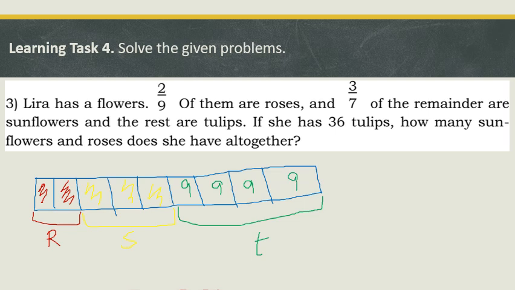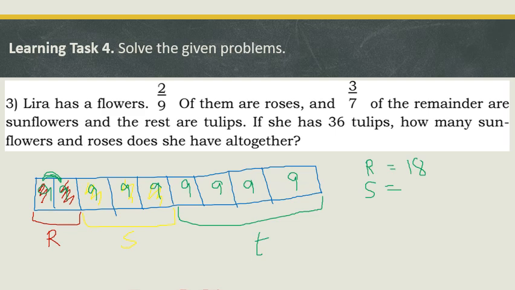Ibig sabihin, lahat ito ay 9. Ngayon, kung 9 lahat yan, ilan ngayon ang roses? Kung dalawang parts siya doon, ilan ang roses natin? 18. Bakit 18 yung roses? Dalawang 9 kasi to. 9 plus 9 is 18.